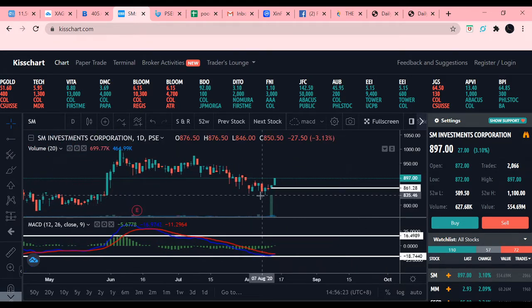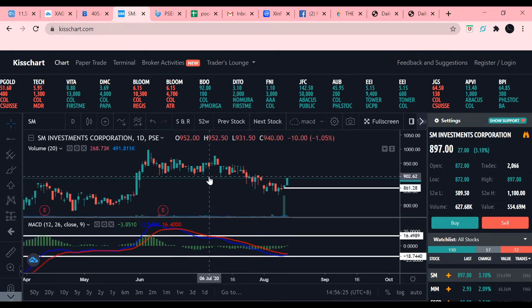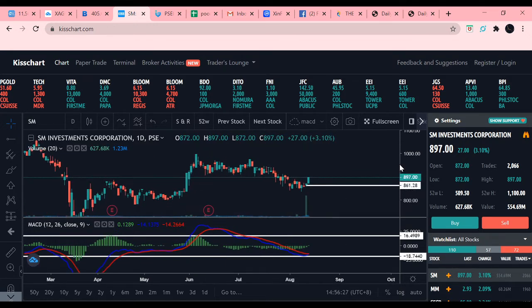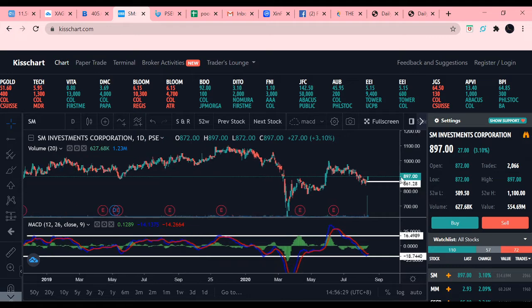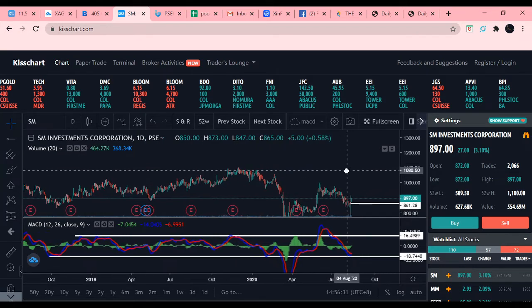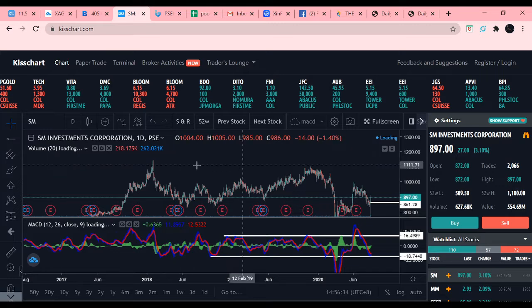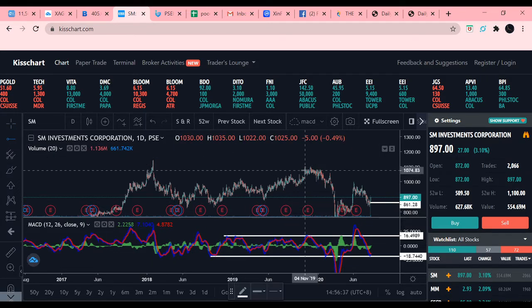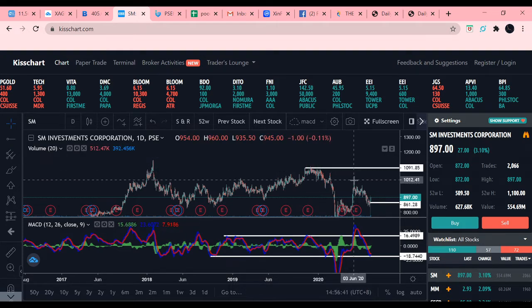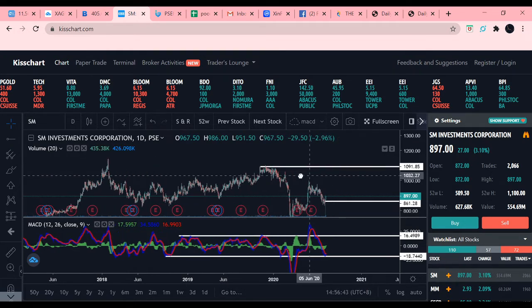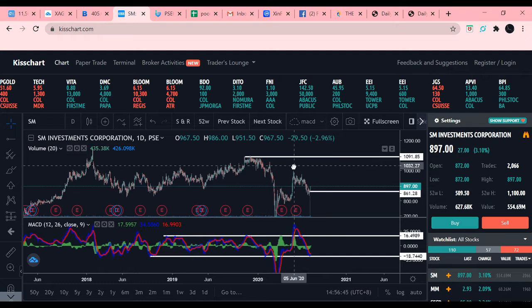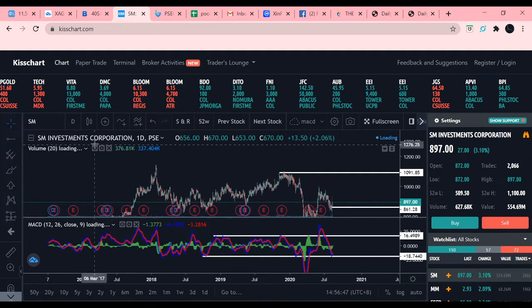Hindi na siya dito. And then, of course, since 13 billion yan, it will mag-hold yan ng medyo mas matagal, eh. So, of course, on that note, ito rin ang magiging TP area ko. Around the 1,091 or mga around the 1,100.